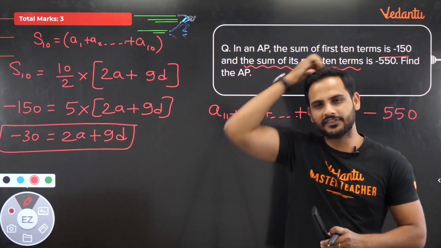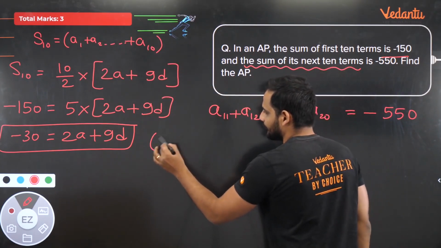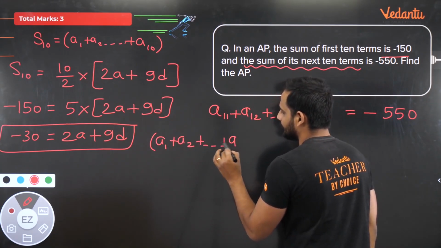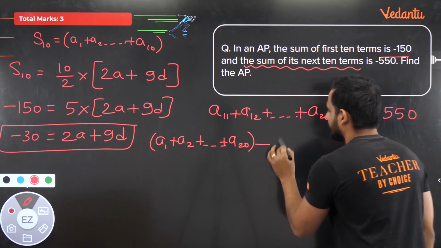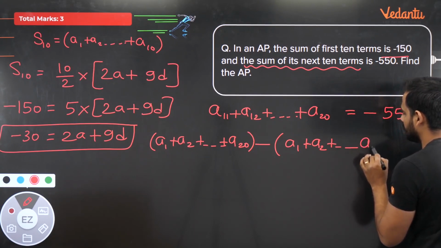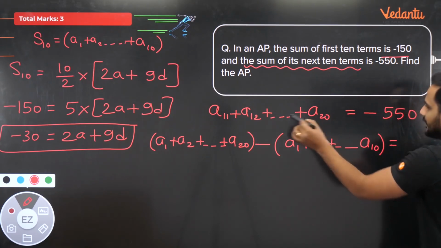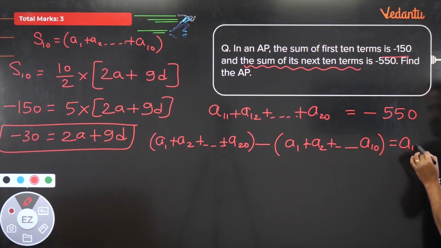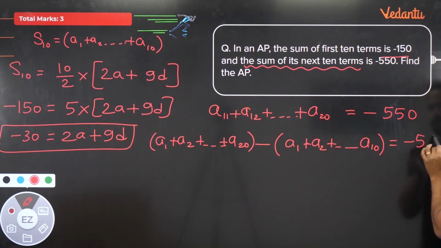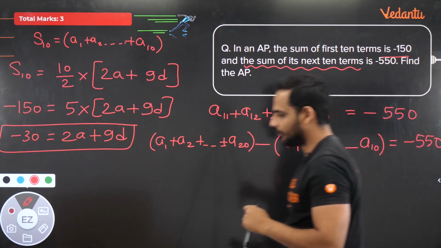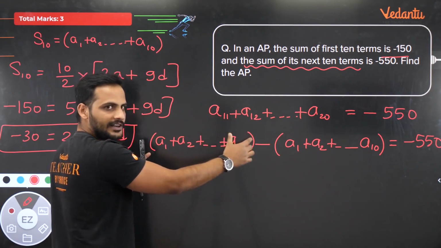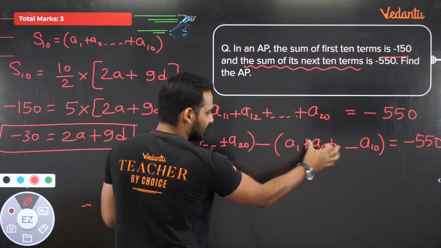So what I understood is, if I have A1 plus A2 up to A20, and from that I subtract A1 plus A2 up to A10, then definitely I am going to get only A11 plus A12 and so on. So I will say it is equal to minus 550. Again understand what is happening. I am saying the sum of 20 terms. If from the sum of first 20 terms I subtract the sum of first 10 terms, I will be remaining.